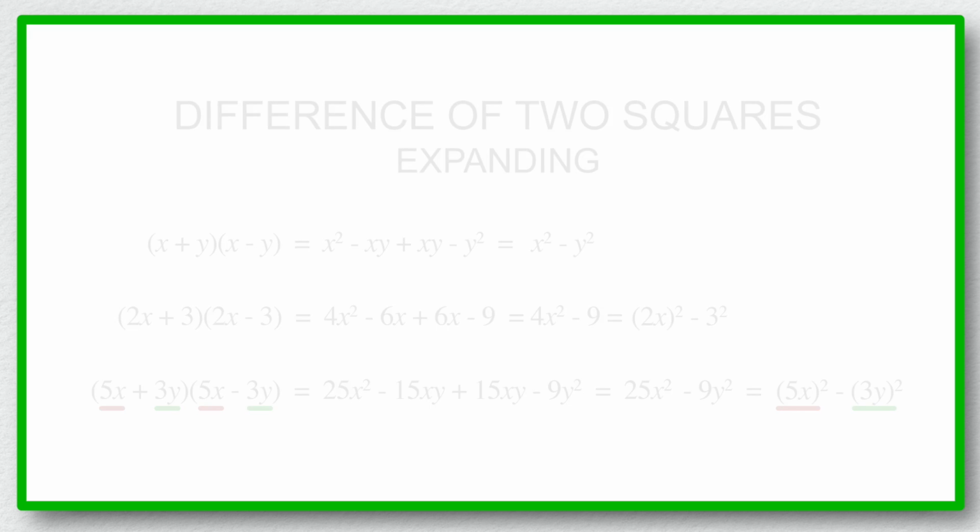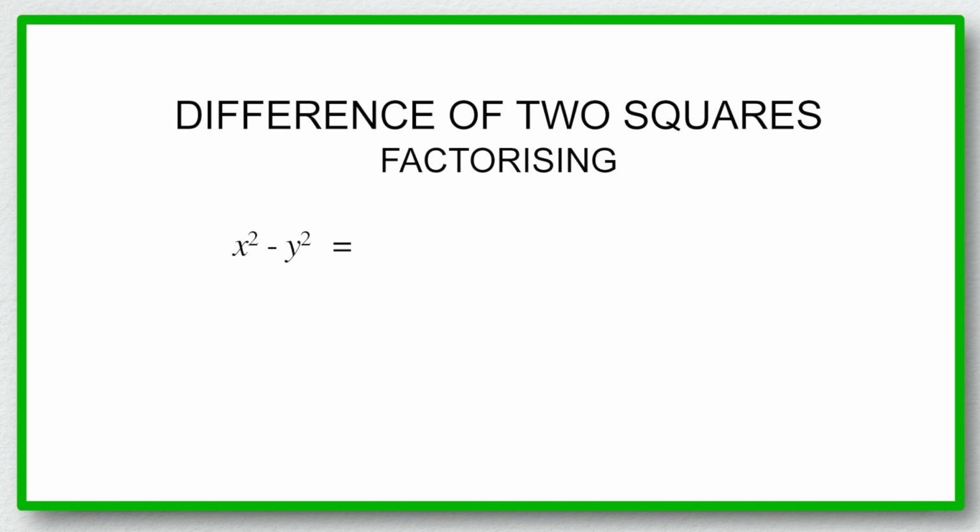Working the other way round, and this is where question 2 comes in, we are factorising expressions that contain the difference of two squares. And if we can spot that it's a difference of two squares, then we can easily write the expression in factorised form. Looking at x squared subtract y squared again, I can see that this is the difference of two squares.